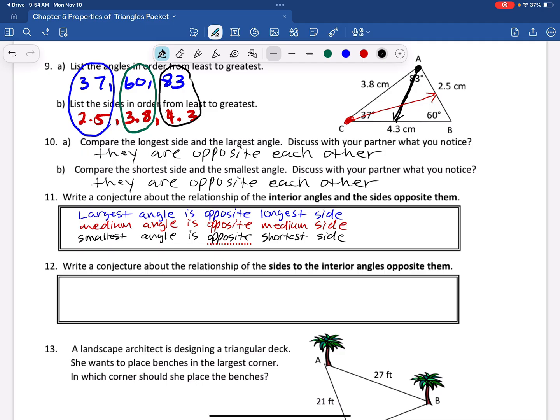And then down here for the conjecture, write a conjecture about the relationships of the sides to the interior angles opposite them. And then what we can say here is that these statements are the converse of above.